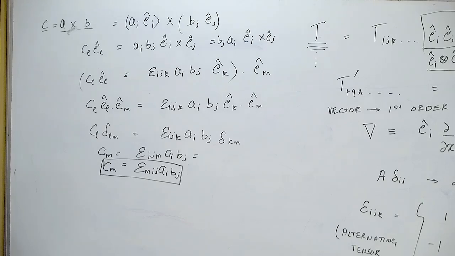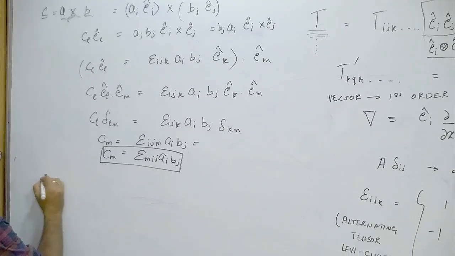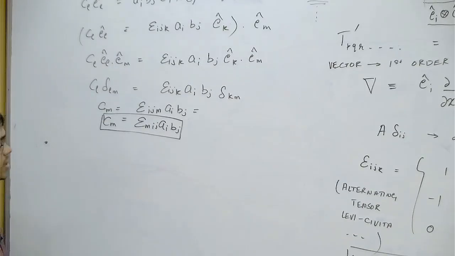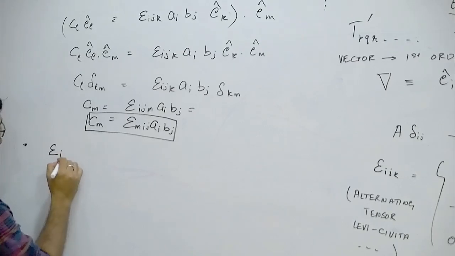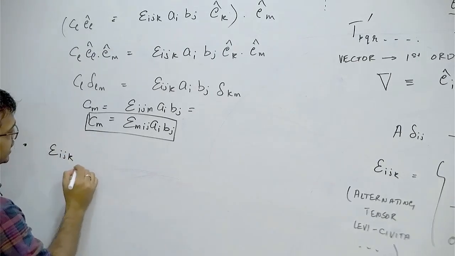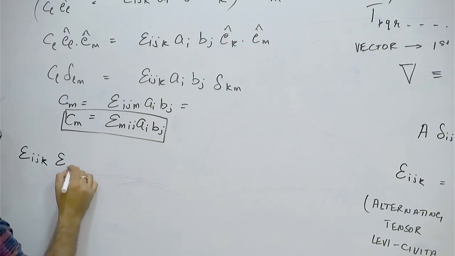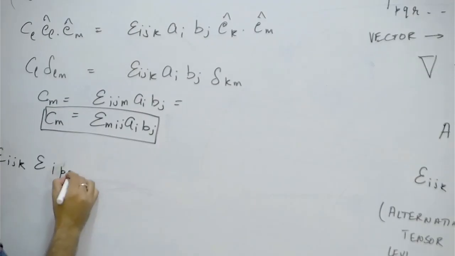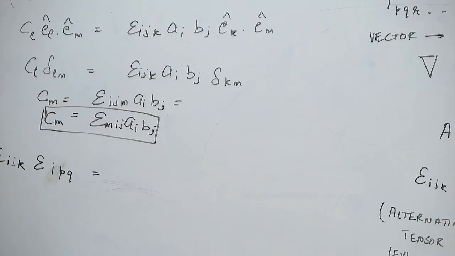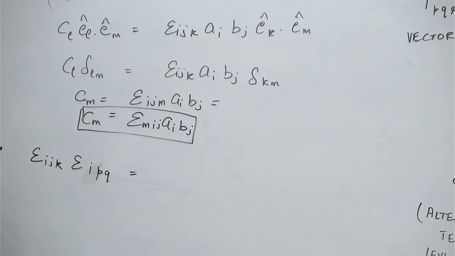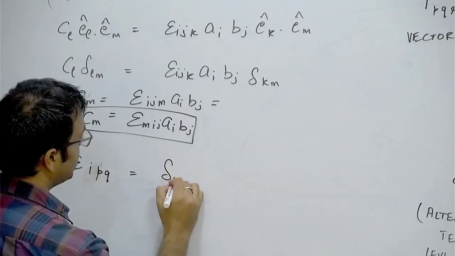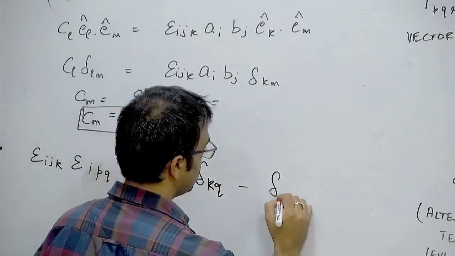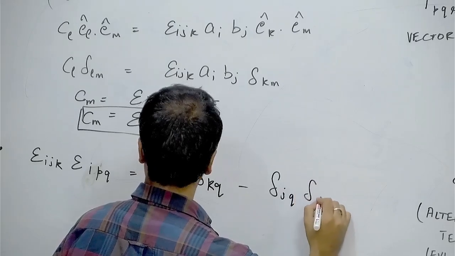Now, there is an interesting property which is the kind of property that you can write in your cheat sheets for any quiz or exams, and that is if you have a multiplication of these two, epsilon I j k, let's say epsilon I p q, then this is given by delta jp delta kq minus delta jq delta kp.